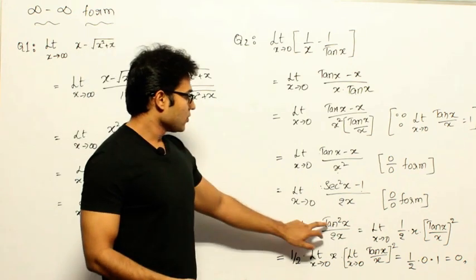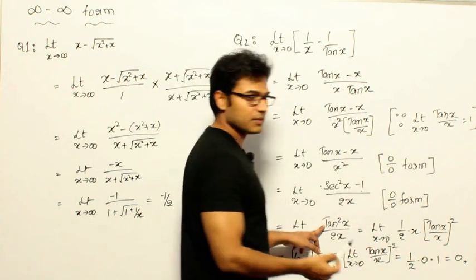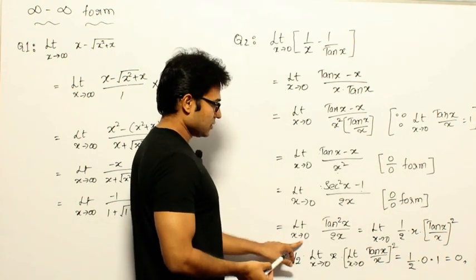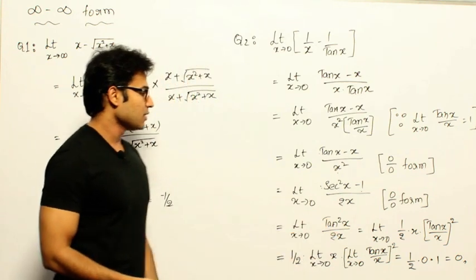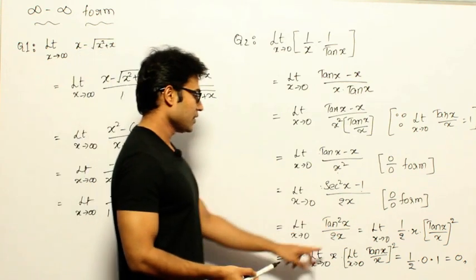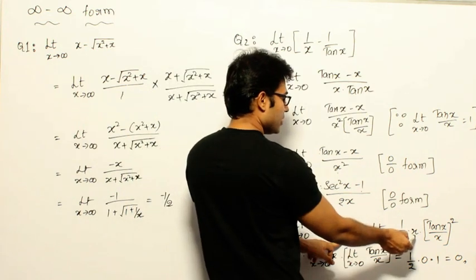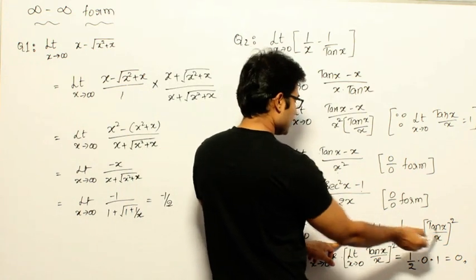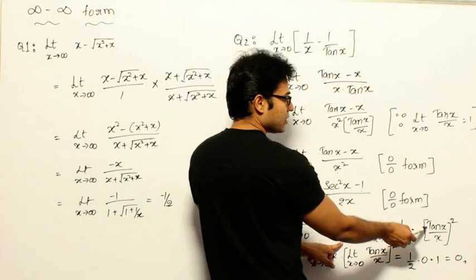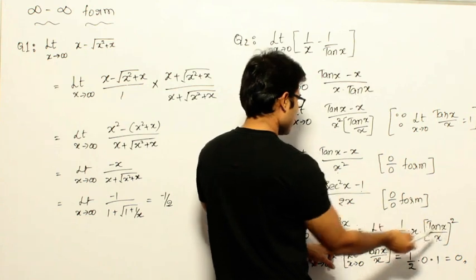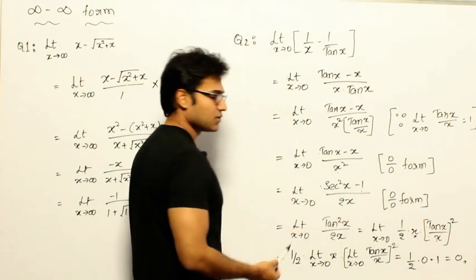Now if you remember one more form, the same one, limit x tends to 0, tan x by x equals 1. Since limit x tends to 0 is there and tan is there, I want to multiply and divide it with x. Already one x is there, so I want to add one more x. So I multiply with x and divide with x. Then I can write it as tan x by x whole square, and x is what I have newly added, and 1 by 2 I am pulling out as common.